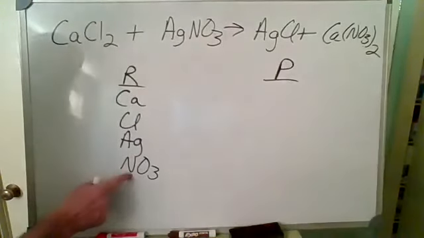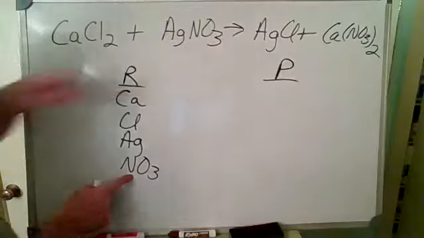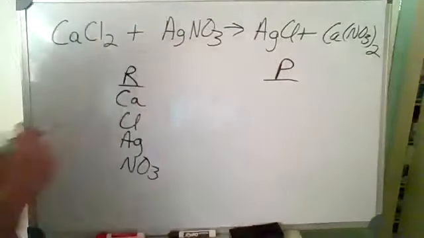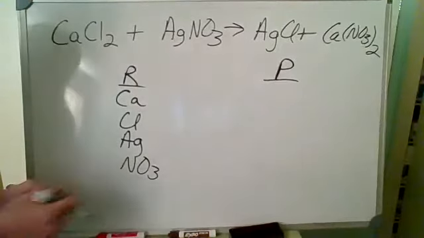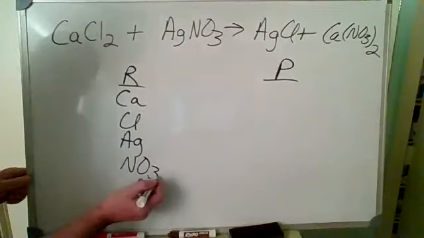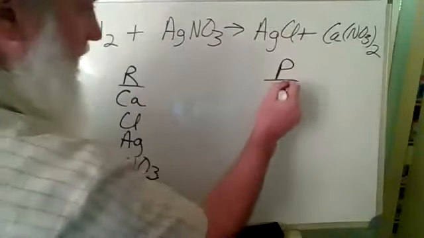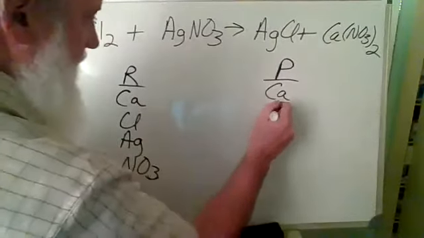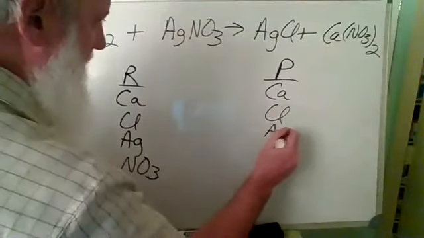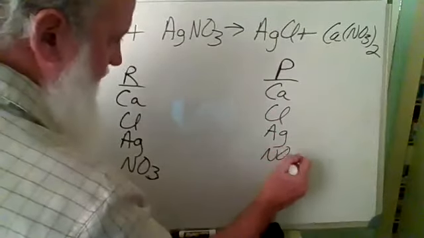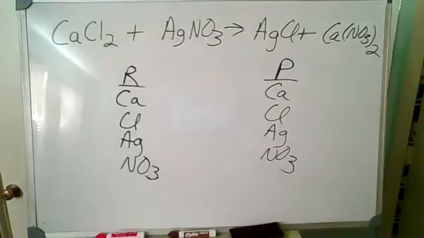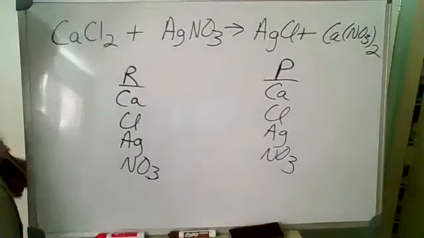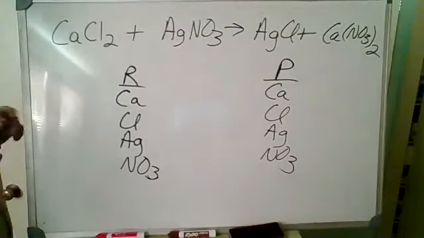I'm going to balance the polyatomic ion. I see NO3 on both sides. It doesn't break up, so why make it more complicated? I'm just going to write NO3. I know I have NO3 on both sides. So you might say I'm balancing ions here rather than elements. This is calcium cation, chloride anion, silver cation, nitrate anion.